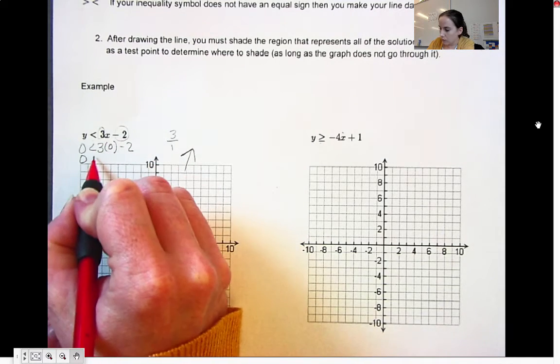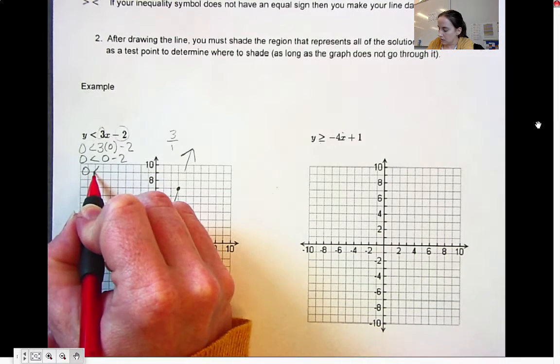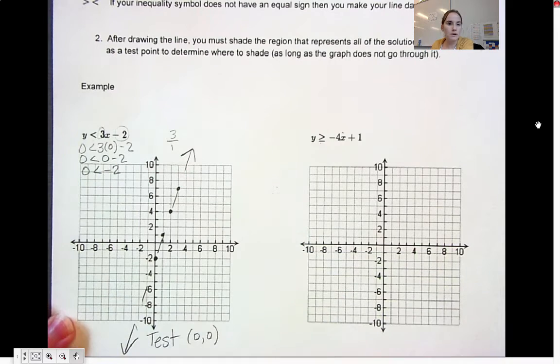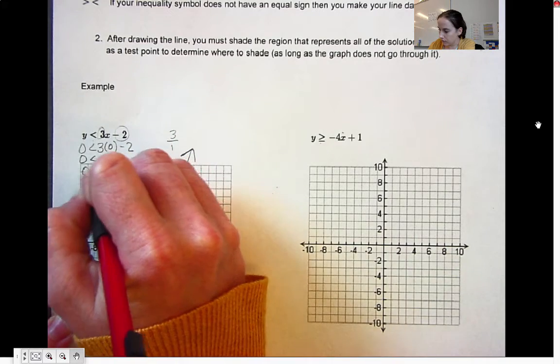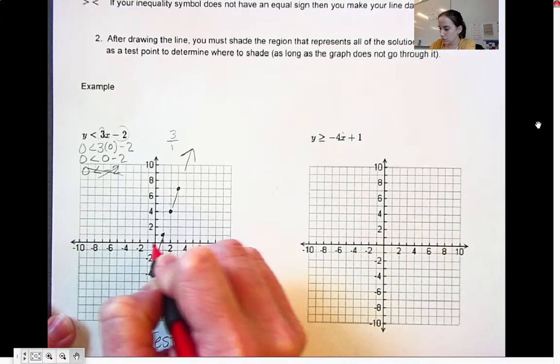We get 0 is less than 0 minus 2. 0 is less than -2. Well, is 0 less than -2? No, this is not true. This is false.